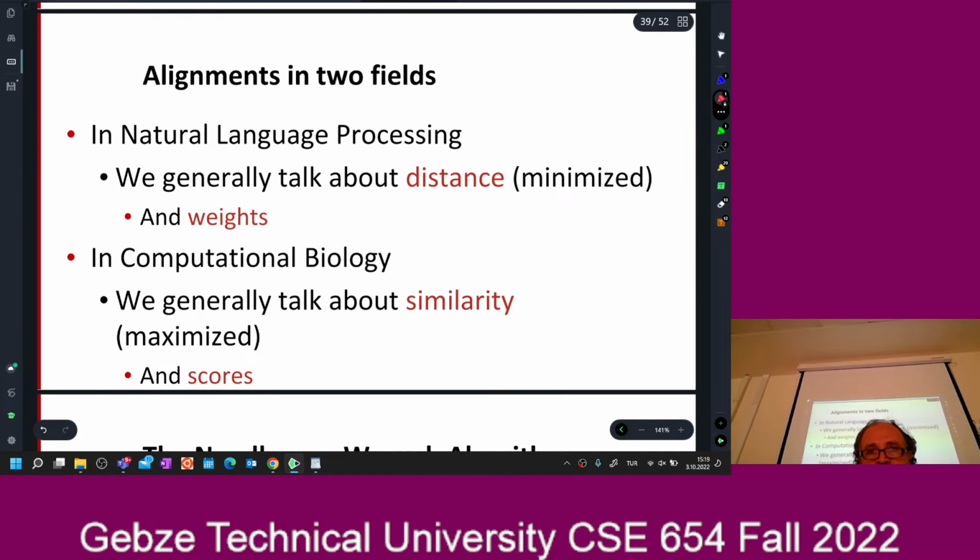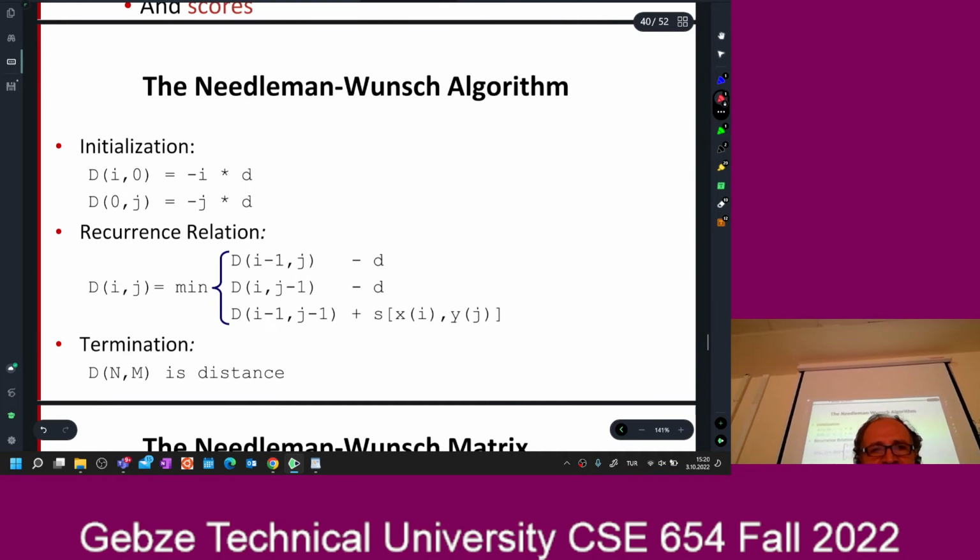So alignments in 2 fields, okay? In natural language processing, we like these numbers to be small, okay? We like to find the similarity between them, and we use weights and distance. Sometimes in computational biology, they like to maximize their results, find the maximum one, find the similarity between those, and their terms are kind of different, but the idea is the same.